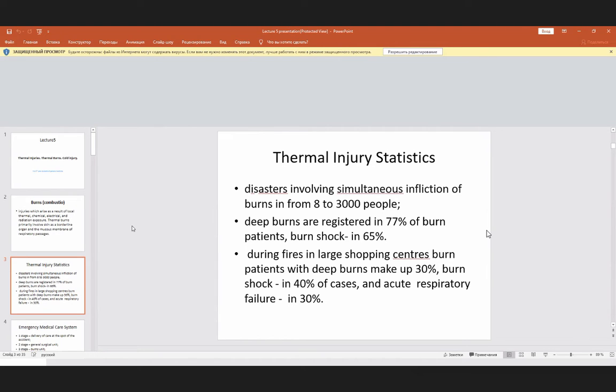Sweat glands, and especially hair follicles, determine the potential of skin for regeneration.